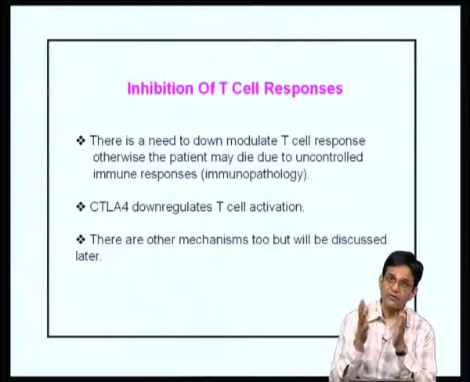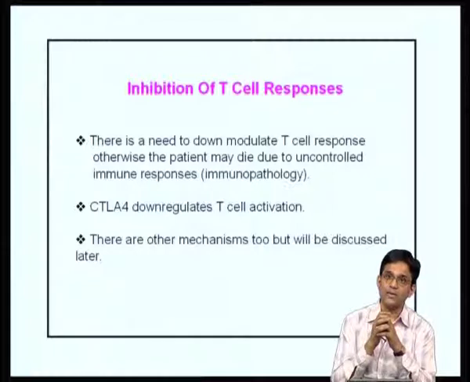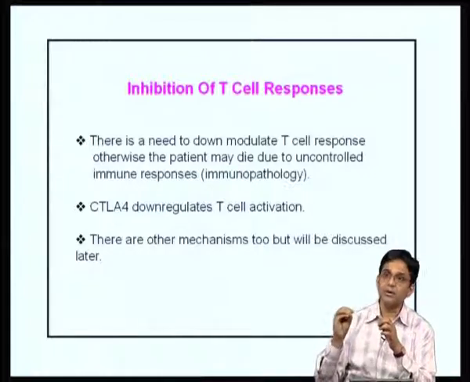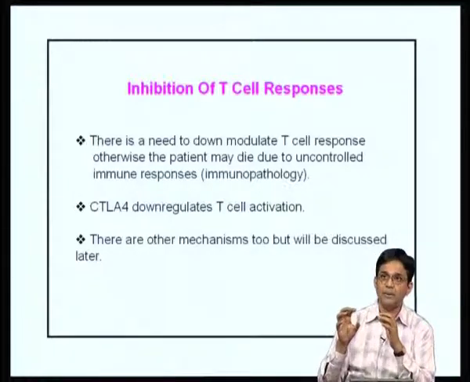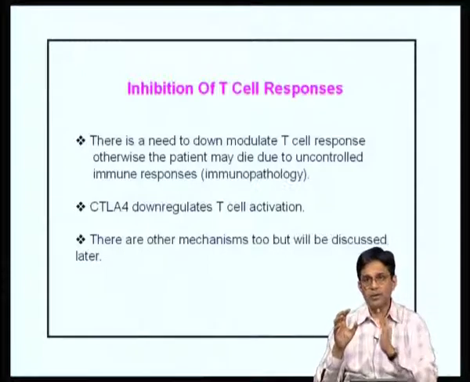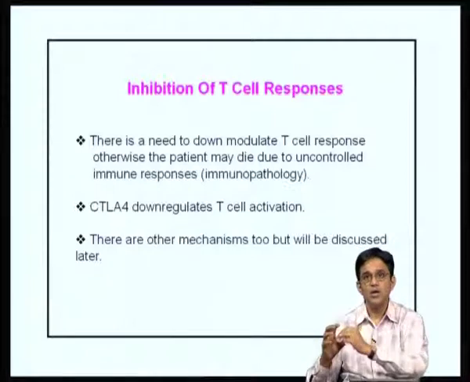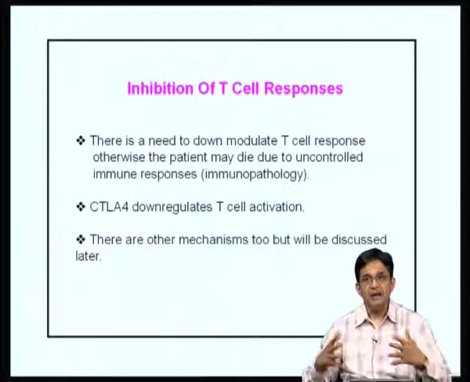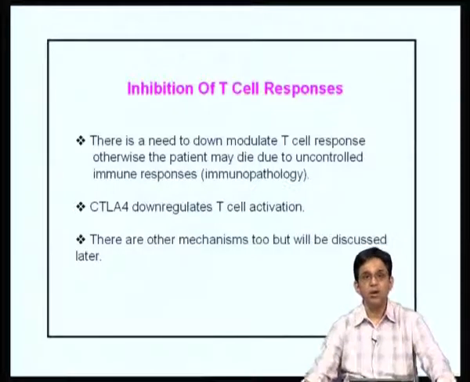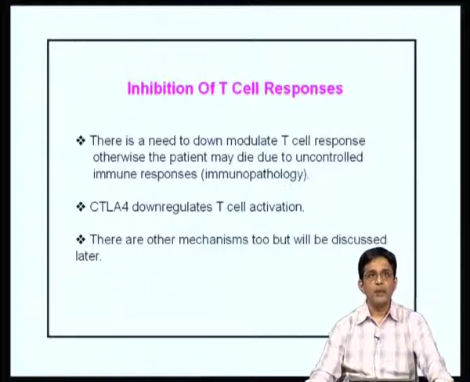We looked at the different pathways and different molecules that are important in T cell activation, and finally we are coming down to inhibition of T cell responses. Because if you activate immune cells, you need to find ways by which you can bring them down, because having activated immune cells is not in the interest of the host.